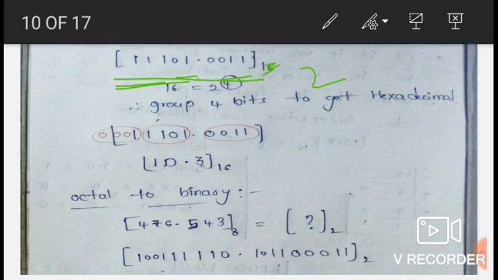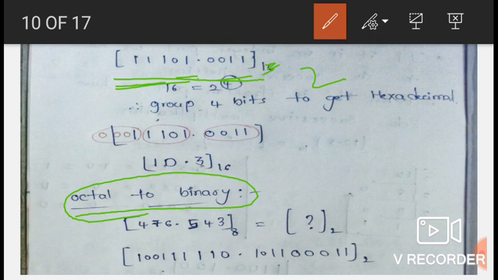And now if you want to convert from octal to the binary number system, what do we have to do? We have to do the reverse of the process we did earlier to convert binary to octal. We take the octal number, and each digit has to be written back as 3 bits in binary.